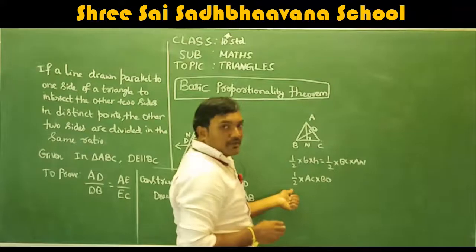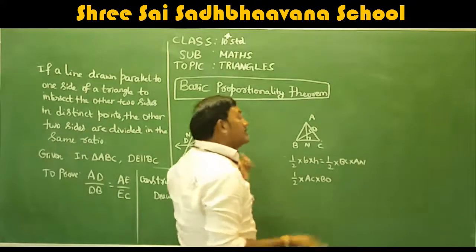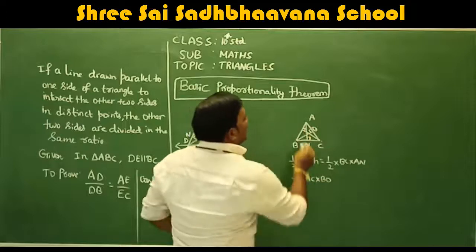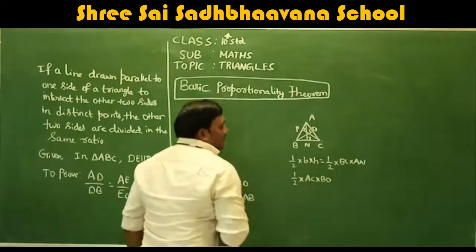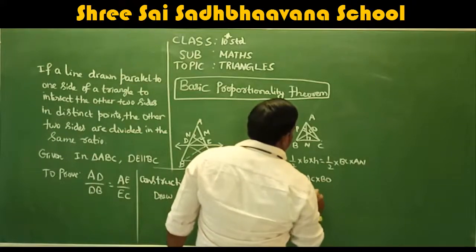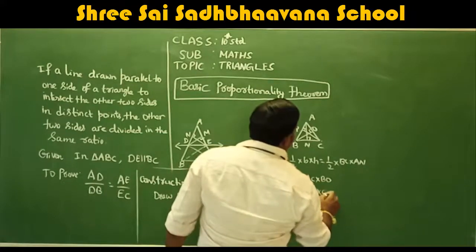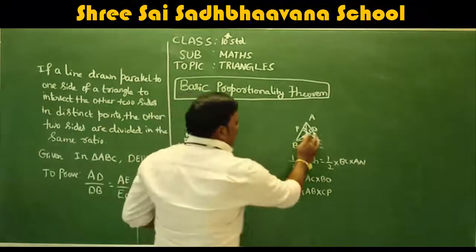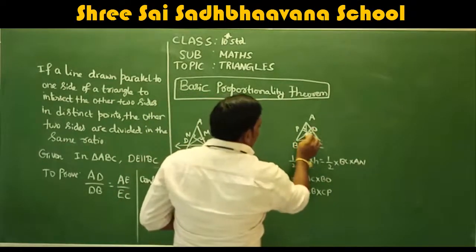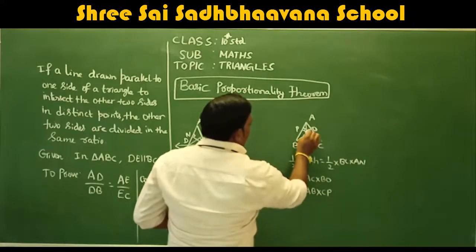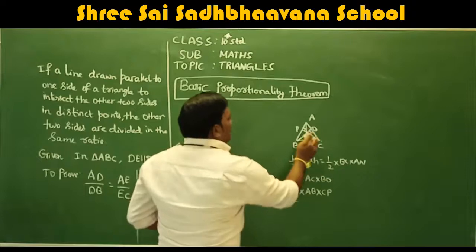Or you draw one more perpendicular and take it as CP. You can find the area by taking AB as the base and CP as the perpendicular. Sorry, one second, it should be coinciding. We cannot draw like this here. All three should coincide at one particular point.